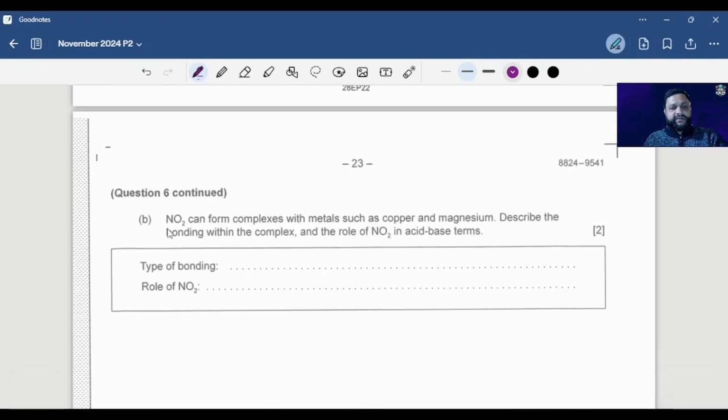NO2 can form complexes with metals such as copper and magnesium. Describe the bonding within the complex and the role of NO2 in acid-base terms. So the type of bonding will be coordinate covalent.